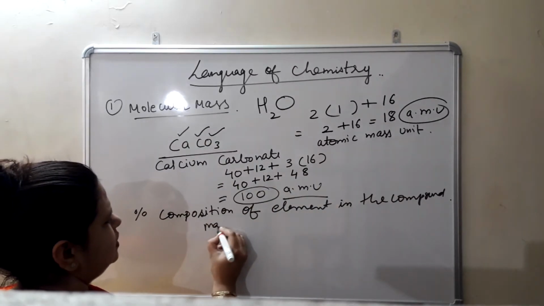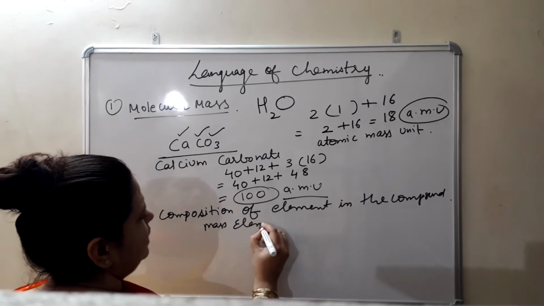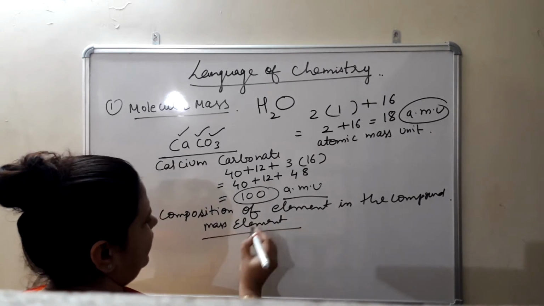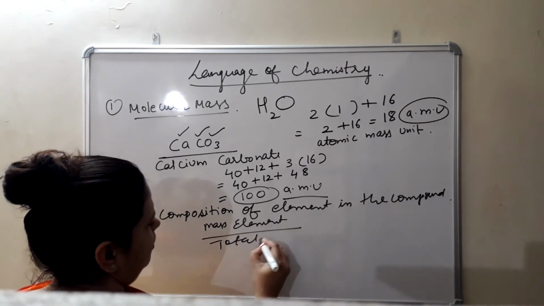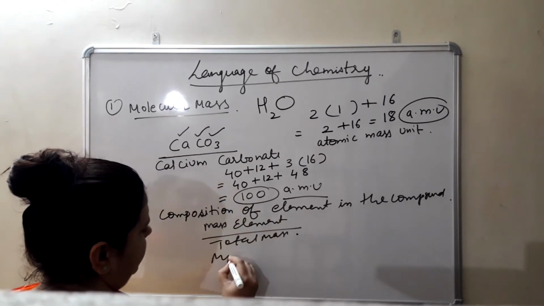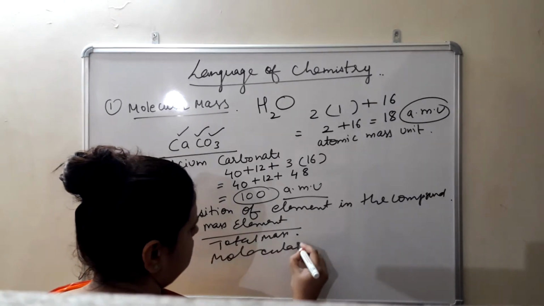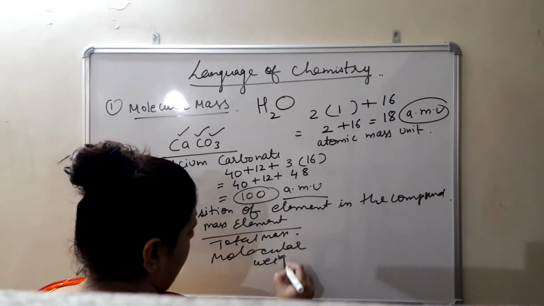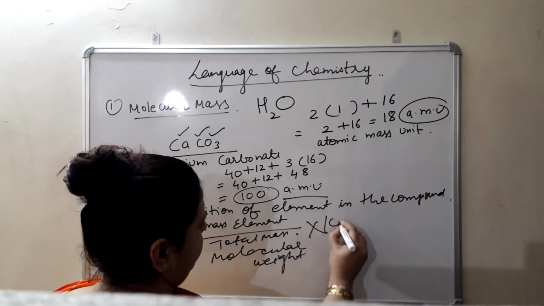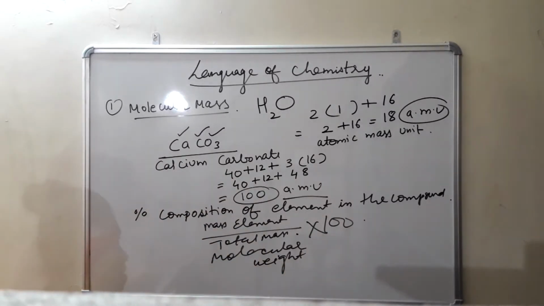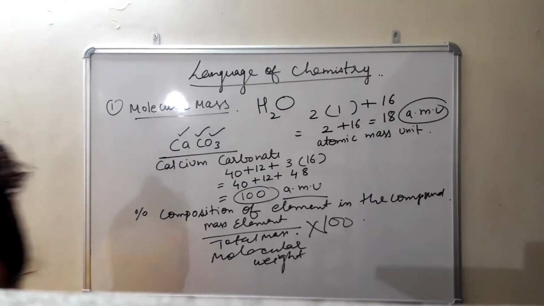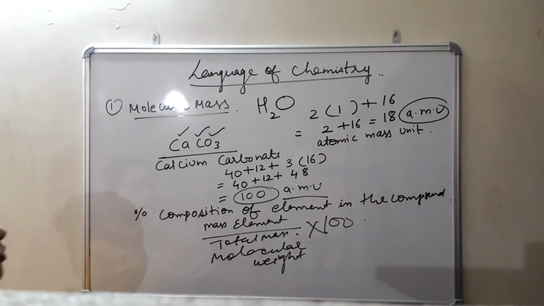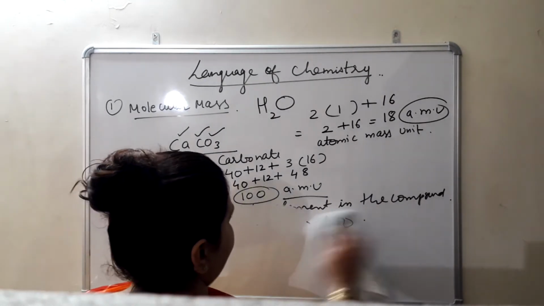Take the mass of that element, divide that value by the total mass, that is the molecular weight of that compound, and multiply by 100, and very easily you can find it out. So let us discuss one example.